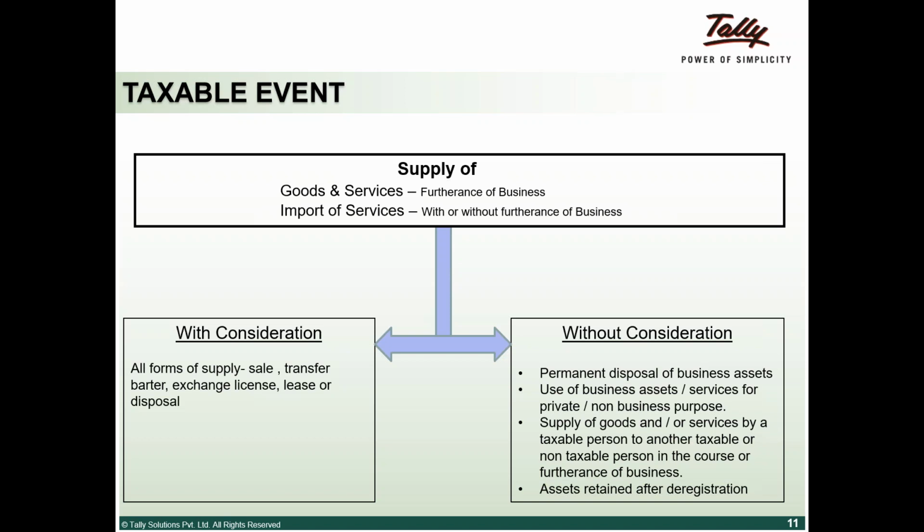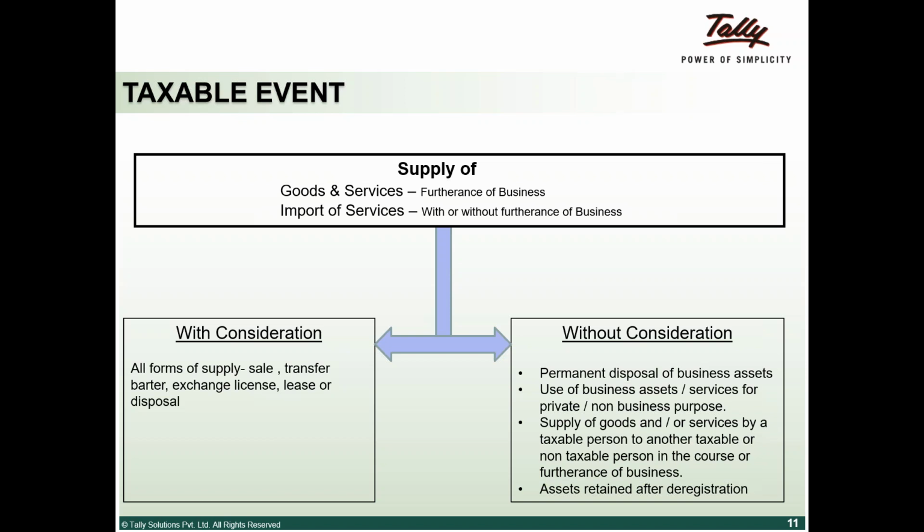But GST has clearly called out that if it is for the furtherance of business, yes, you can go ahead and claim credit. So that clarity has come in, that furtherance of business is something you will need to concentrate on.